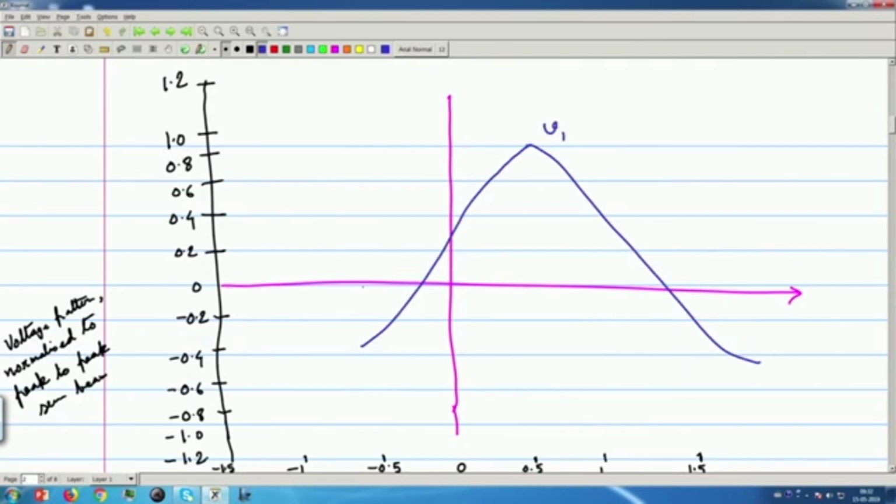Similarly, the V2 pattern is something like this, and the sum pattern will be that.